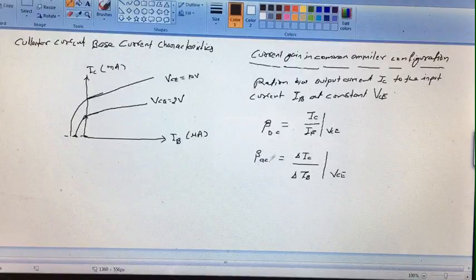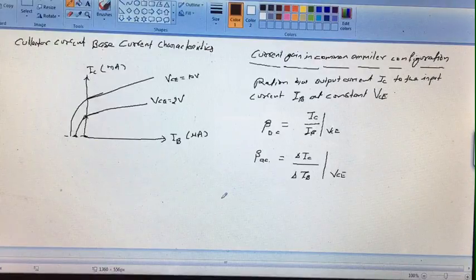But when we are considering AC, in that case it is the change in collector current to the corresponding change in input base current at constant collector emitter voltage. The current gain beta DC in common emitter circuit is very large, as collector current is measured in milliampere and base current is measured in microampere.